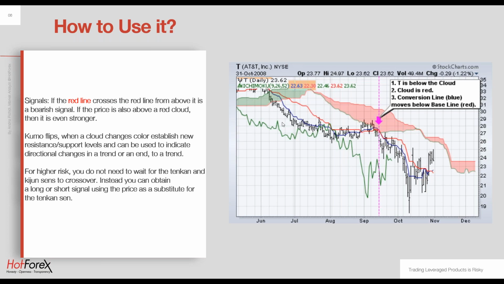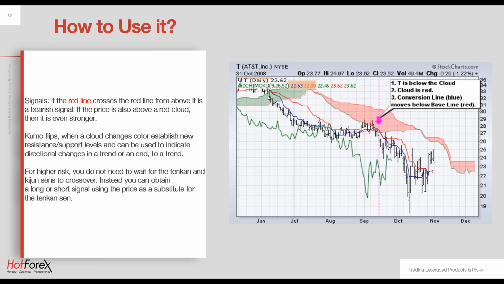And if at the same time you have the blue line below the red line and you also have a red cloud, then this is an even stronger bearish signal for a short position.